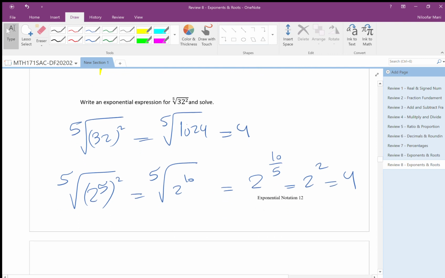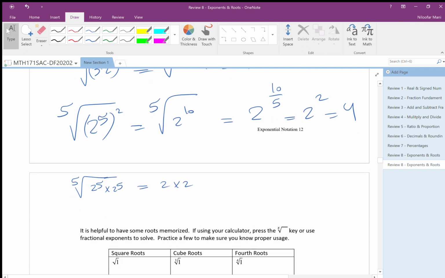Or I can say it's 5th root of 2 power 5 times 2 power 5, and from each I can bring 2 out. I told you, if you have the same power with the same root, you can cancel and bring that number out. But if you don't have the same power, the number stays inside.